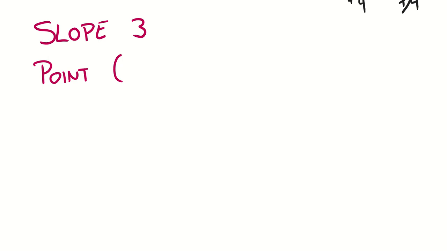Right? So let's say I had a slope of 3 and a point that was -3, -8. Slope of 3, point -3, -8. Okay, so let's mark the things we know.